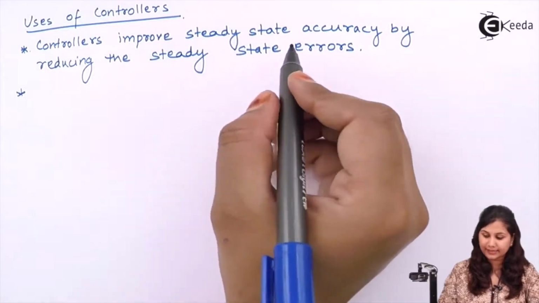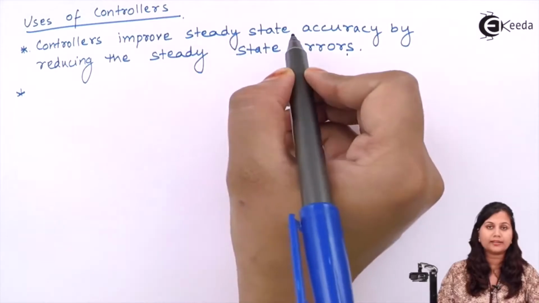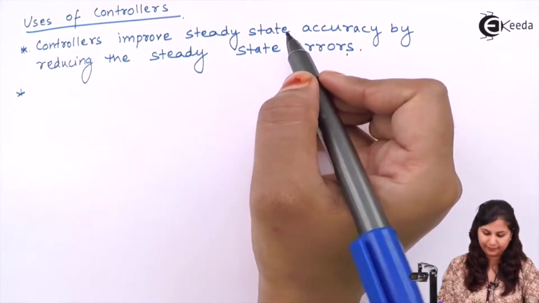Now, as the steady state error is decreasing and accuracy is improving, the stability also increases.